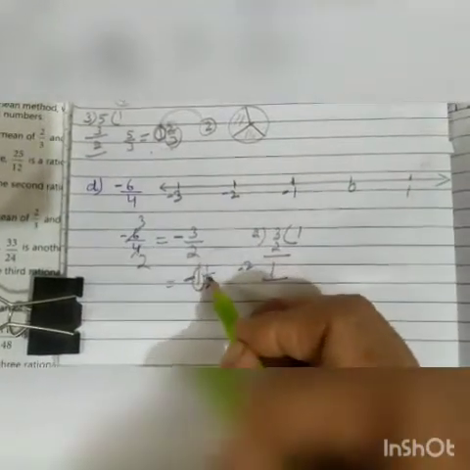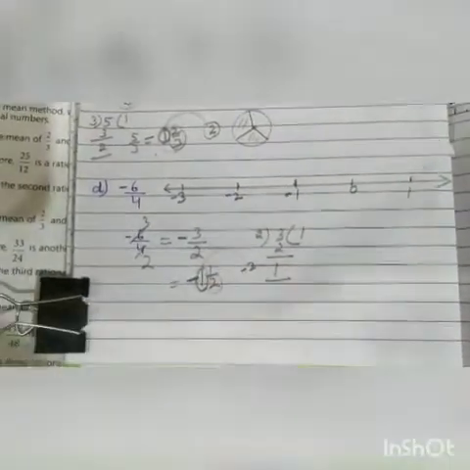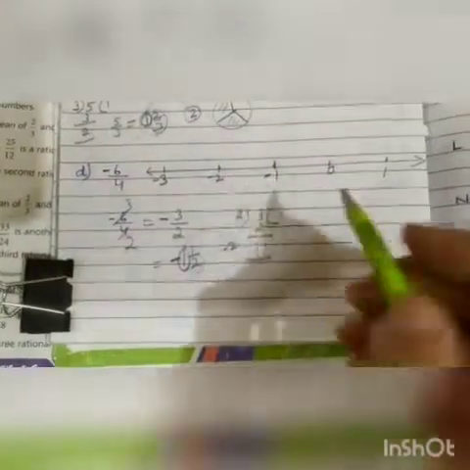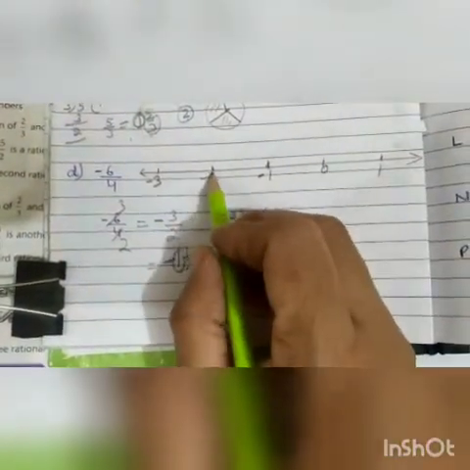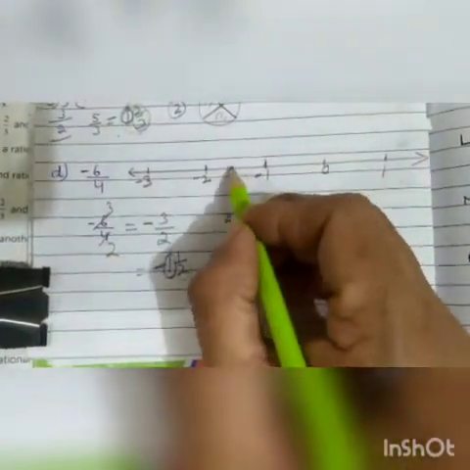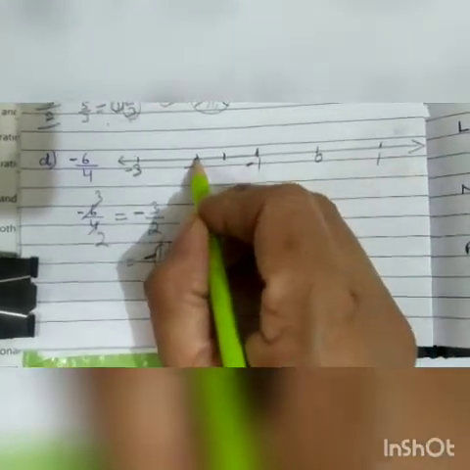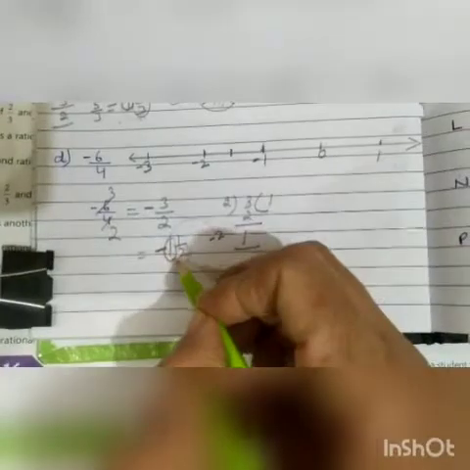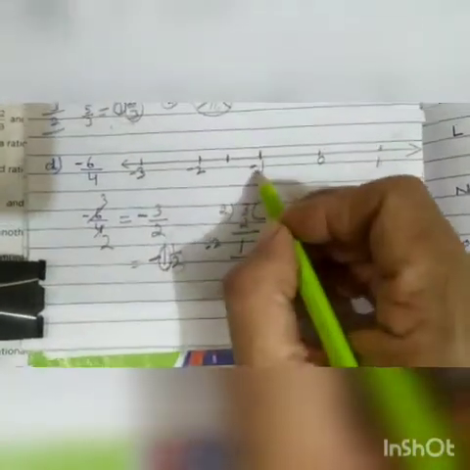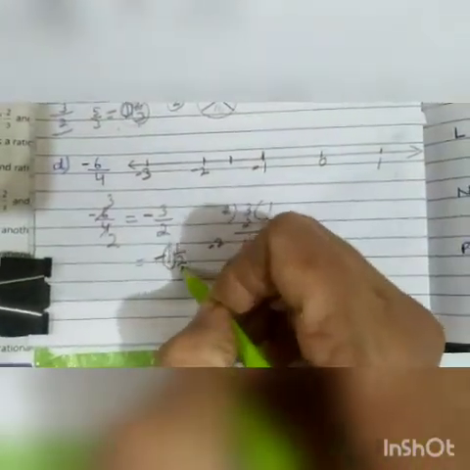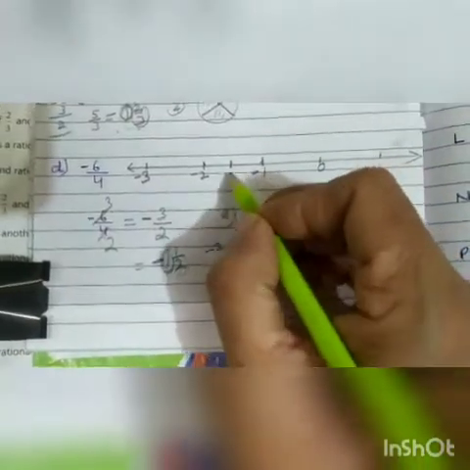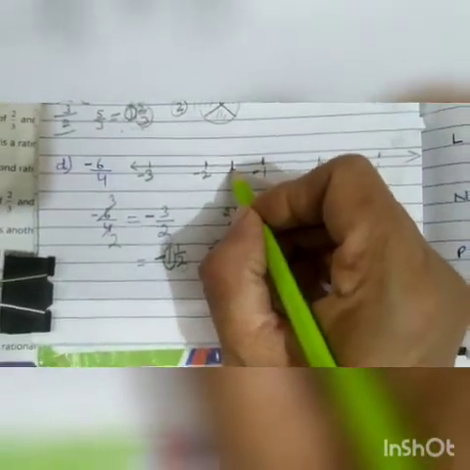And what is the denominator here? It is 2. We will divide the distance from minus 1 to minus 2 into 2 divisions only. This is the first division and this is the second division. So which number will be minus 1 and 1 upon 2? This is minus 1. Then the next number is 1 upon 2.